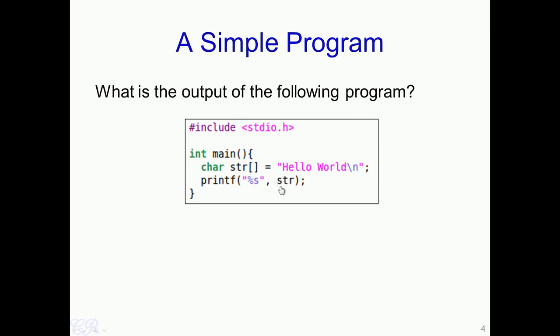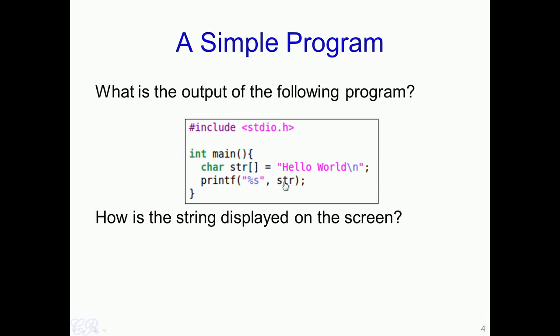Now, printf is passed this pointer str and would result in the string being printed onto the monitor. The question which comes is, how exactly is the string displayed onto the monitor? What is the process involved to get the string which is stored in memory to be displayed onto the monitor?